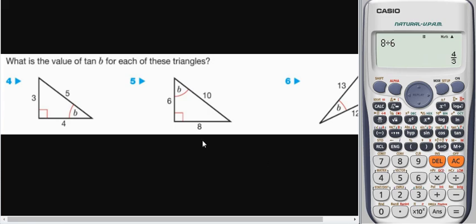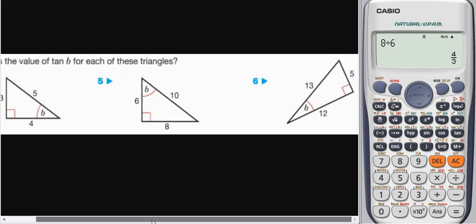Okay, let's go. Next one, number 6 here. The angle is B. So the opposite to B is 5, so 5 divided by the adjacent, which is 12. Okay, 13 is also touching B, but 13 is the longest side, and it's also opposite to the 90 degrees, so 13 is the hypotenuse, all right?